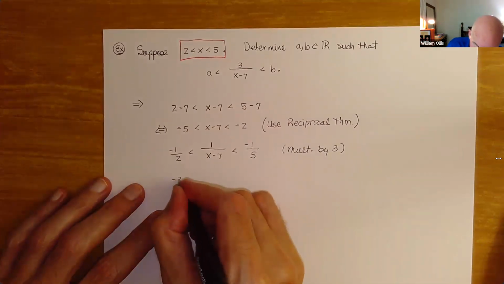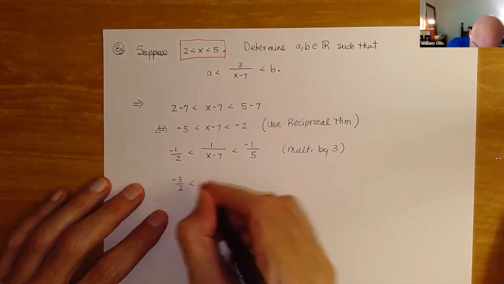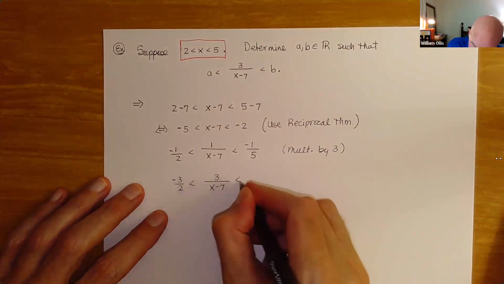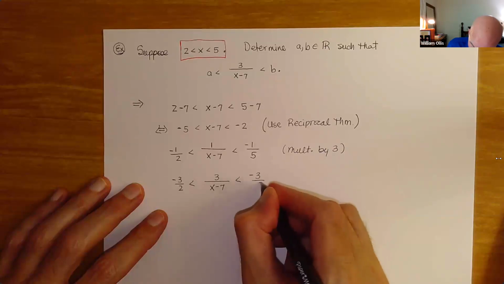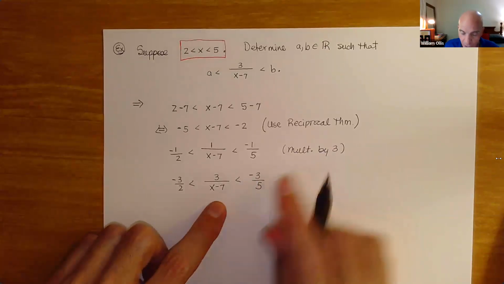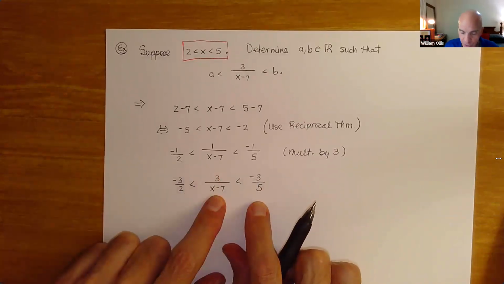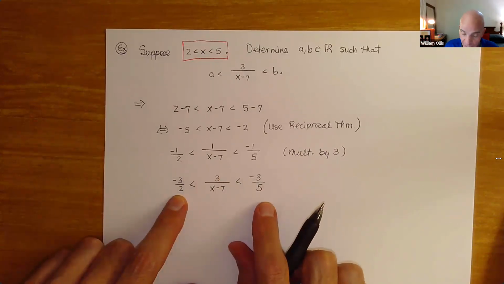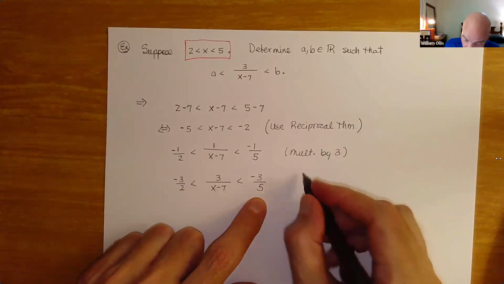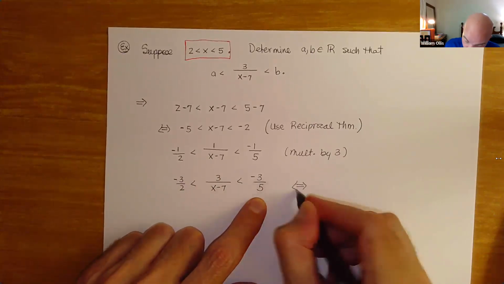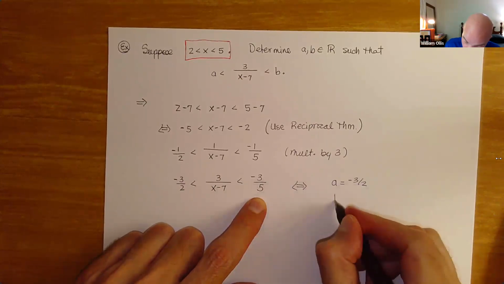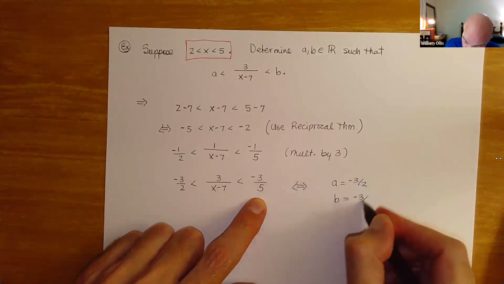So we'll have negative 3/2 is less than 3 over x minus 7 is less than negative 3 over 5. So now we see that 3 divided by x minus 7 will reside between the real numbers negative 3/2 and negative 3/5. So this is if and only if a equals negative 3/2, b equals negative 3/5.